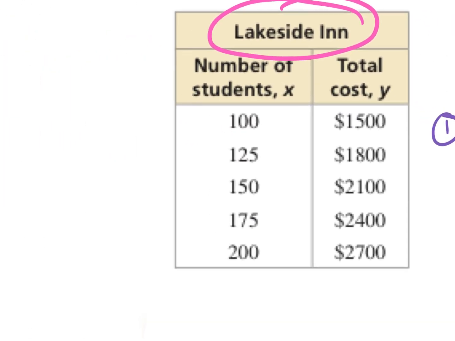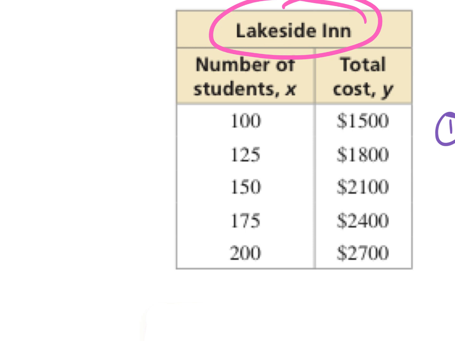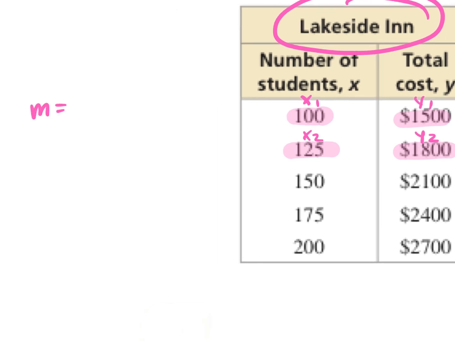Now for Lakeside Inn, it's going to be a little bit more challenging to find what our slope is, because we can think about the number of students as our x, the total cost as our y. So we're going to take 2 of these and treat them as points, x1, y1, and x2, y2. So we're going to use our slope formula, y2 minus y1 over x2 minus x1.